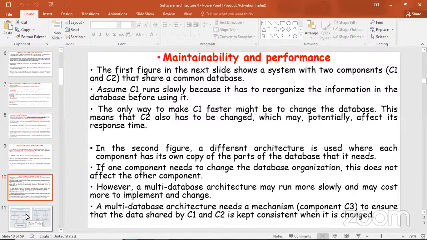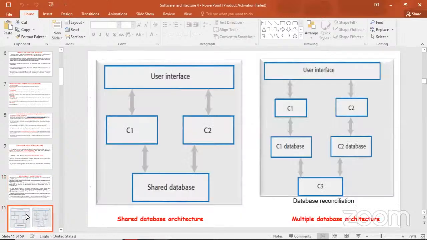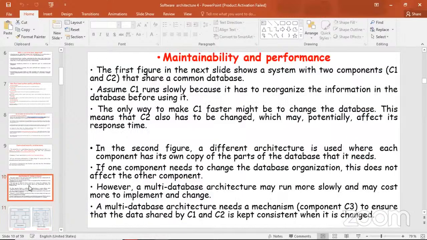So we want to look at the effect of architecture on maintainability and performance. So in this diagram, right, the first figure shows a system with two components, C1 and C2, that share a common database.